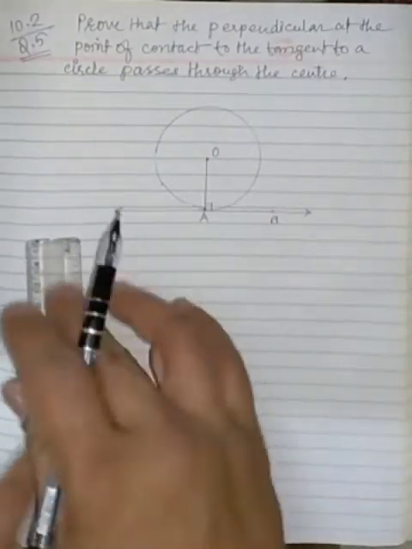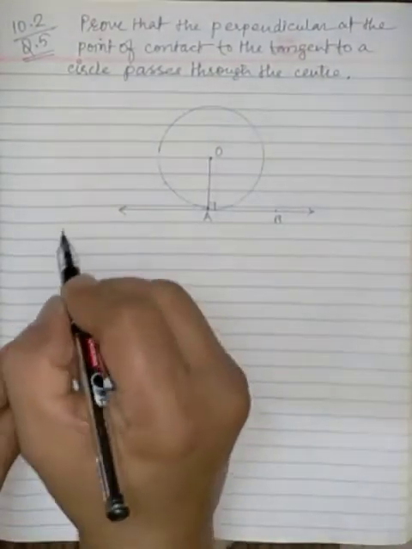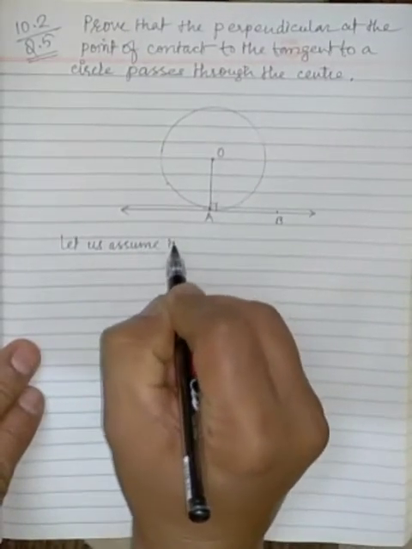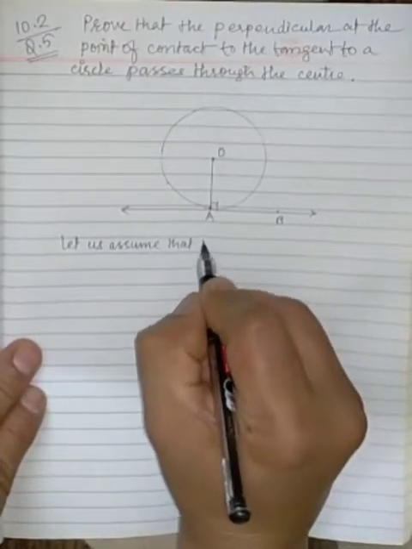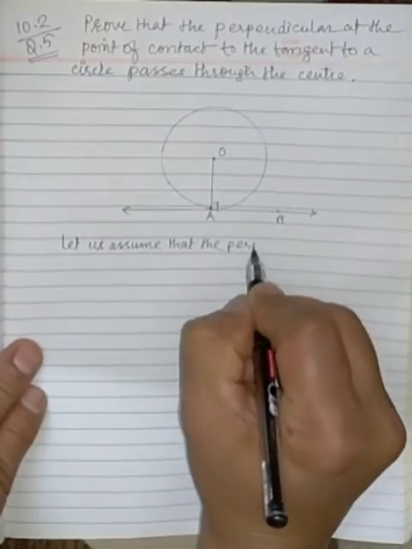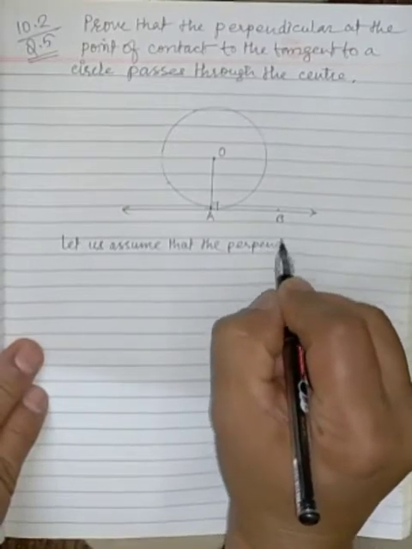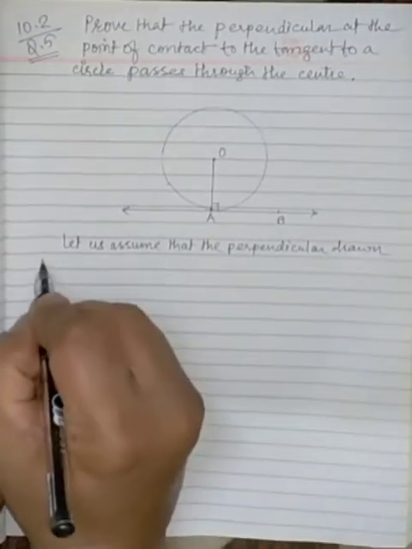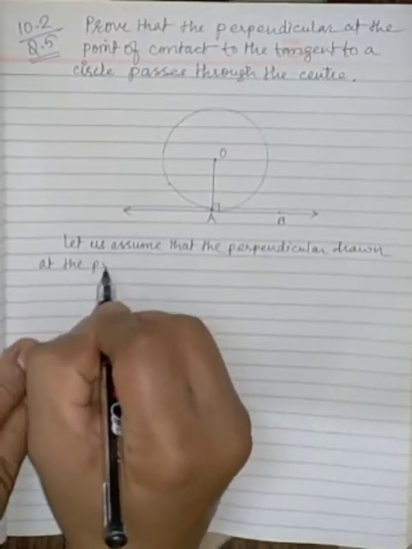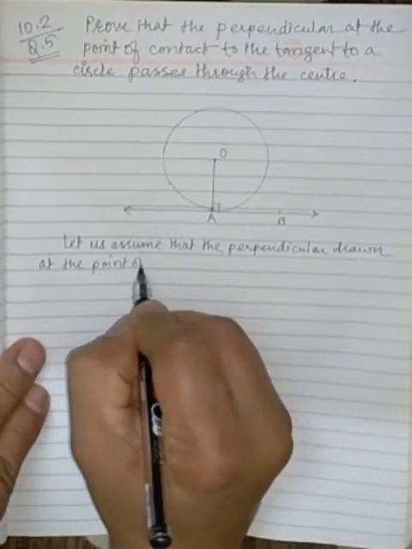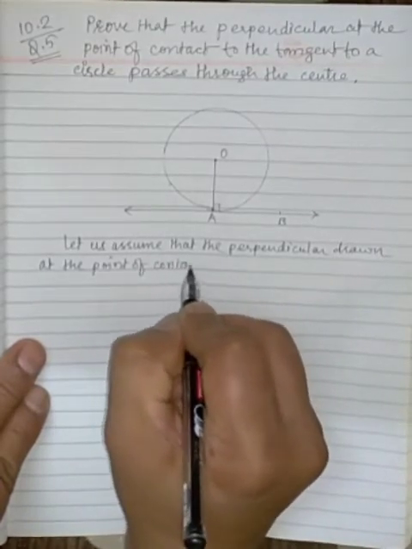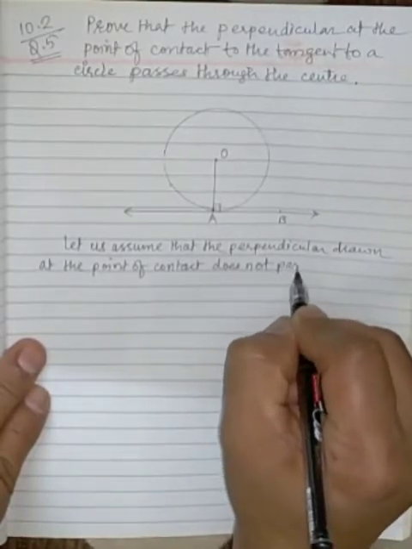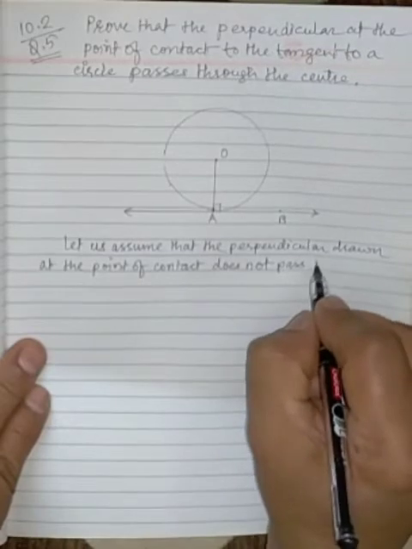And to prove this, let us assume that the perpendicular drawn at the point of contact does not pass through the center.